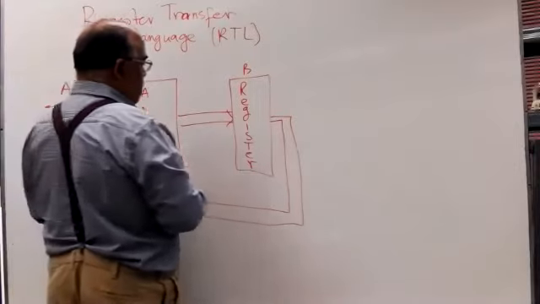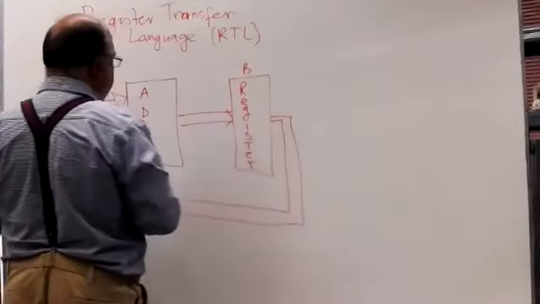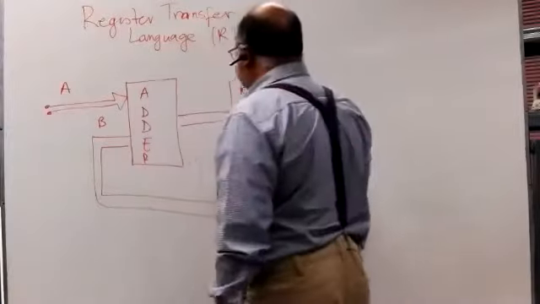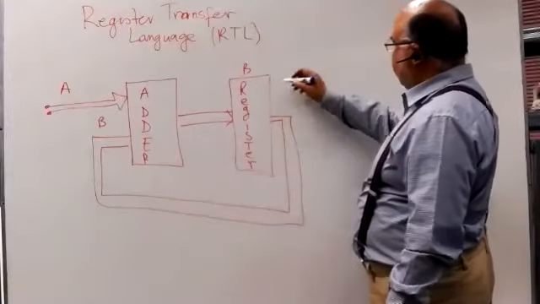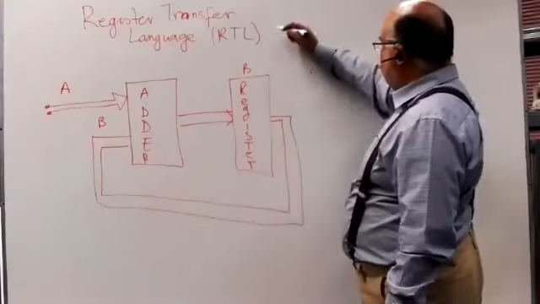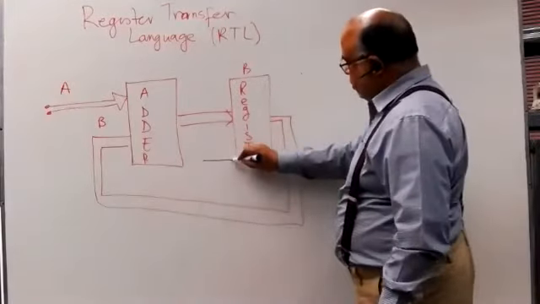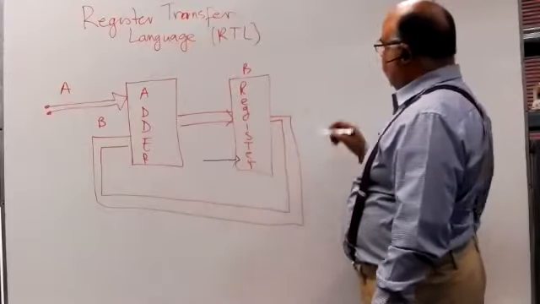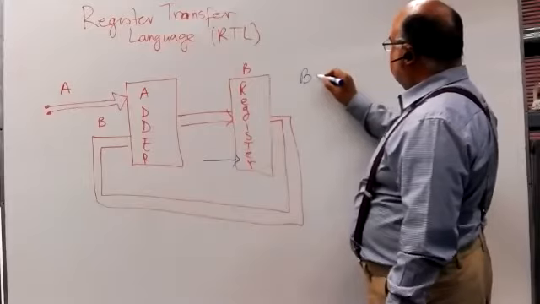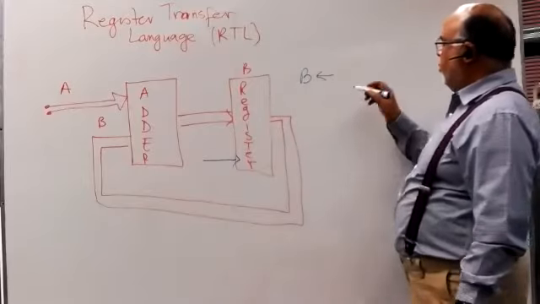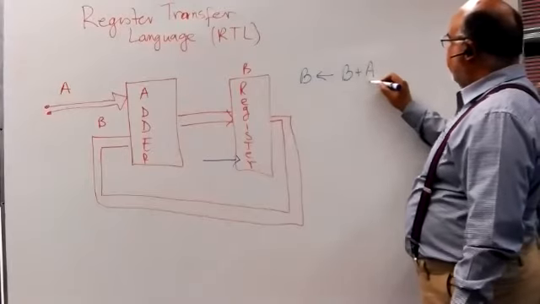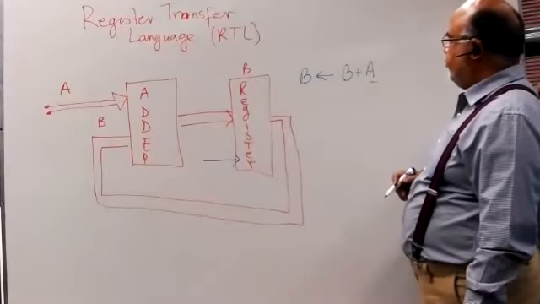So if you look at this, I can say that what this circuit is doing, with every clock pulse, if there is a clock coming here, with every clock pulse, it is doing this. This is how I write: B gets the value of B plus A, where A is coming from the switches.